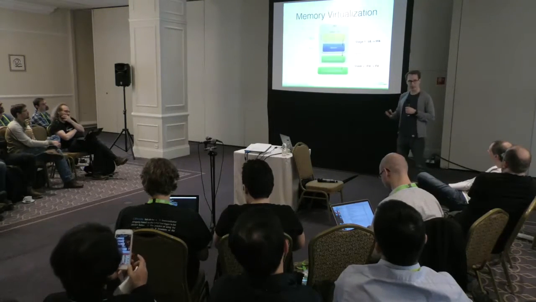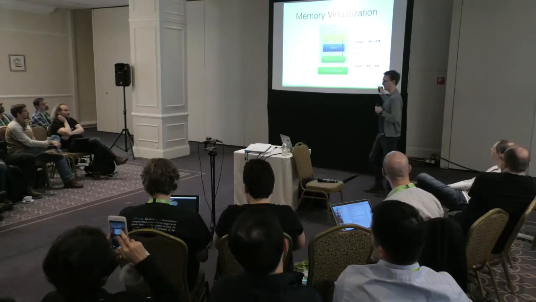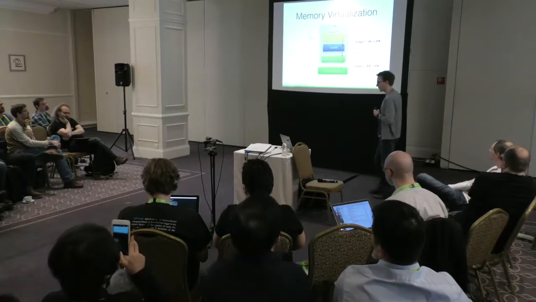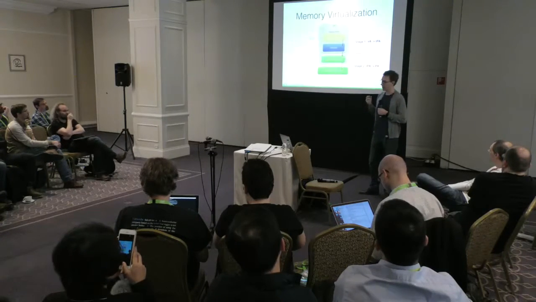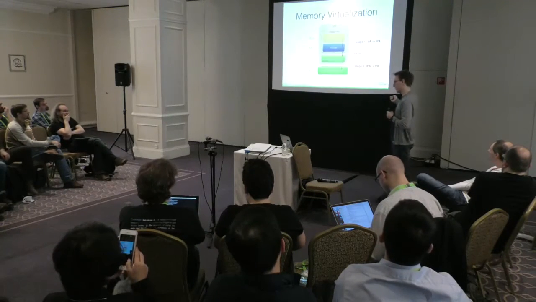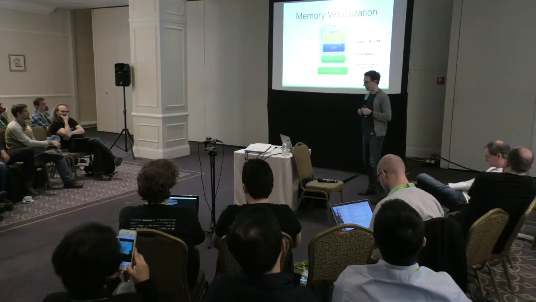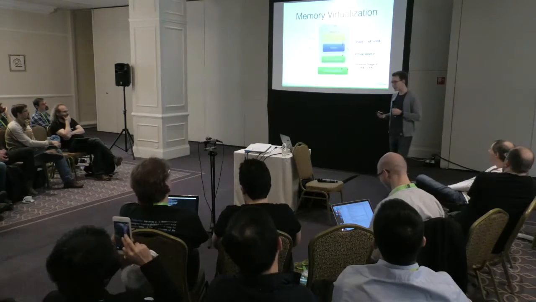With nested virtualization, you have the same requirements. You want to isolate your nested VMs from each other and be able to virtualize the VM's view of physical memory. The problem is you only have 2 stages of translation in hardware, but you now need 3 to support your use case. So what we end up doing is using a favorite old technology called shadow page tables.